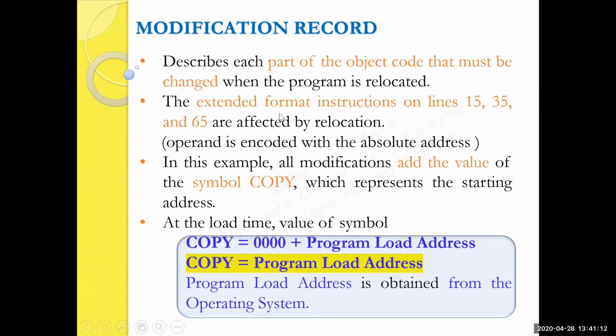The only instructions that use extended format, on line number 15, 35 and 65, require modification. All the remaining instructions do not require any modification, because we have encoded the instructions on line number 15, 35 and 65 with the absolute address corresponding to the address of the operand, and the values change if the program is loaded at a different address.